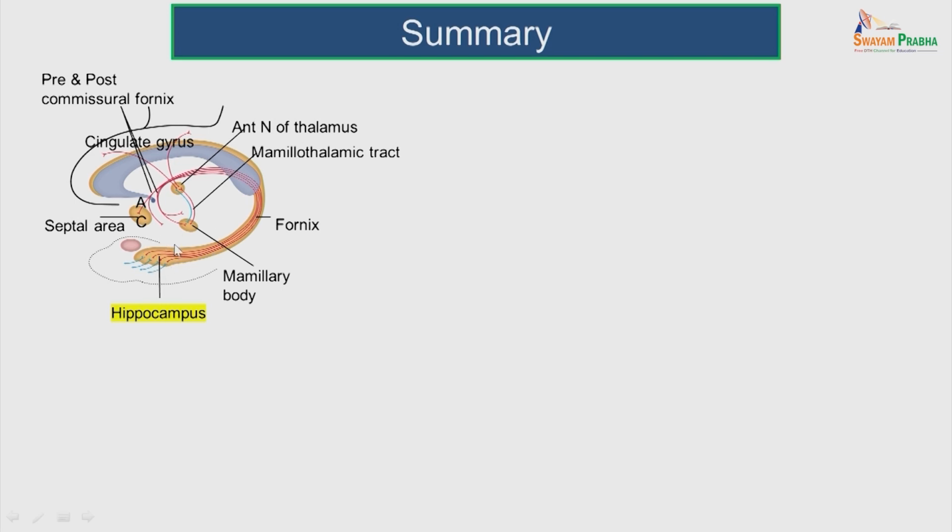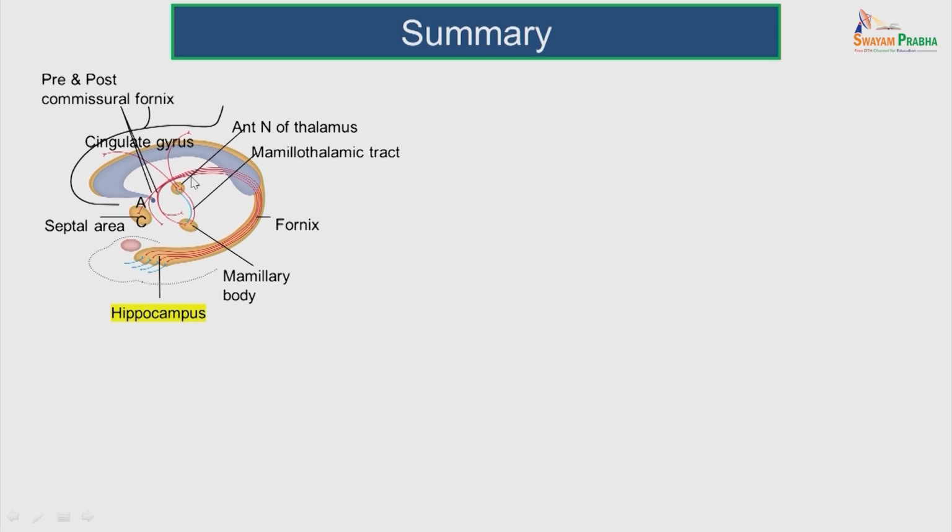The hippocampus's sole output fibers is the fornix. You can observe here the fornix, it relays in the mammillary body. From the mammillary body, through the mammillothalamic tract, it goes to the anterior nucleus of the thalamus, and it is also connected to the septal area.